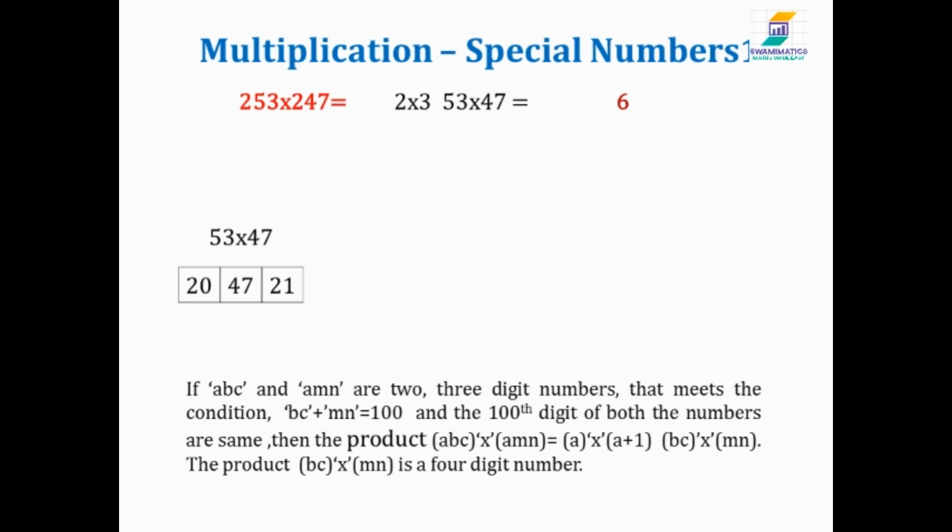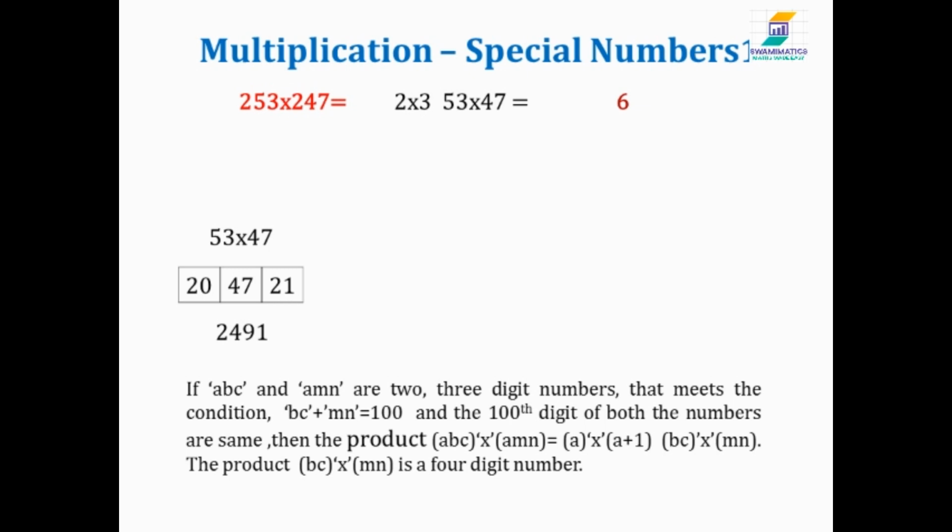In 53 into 47, how do you multiply? First is 5 into 4, which is 20. Then the cross multiplication of the other two numbers and their sum. That is 5 into 7 plus 3 into 4. That is 35 plus 12, which becomes 47. Then the product of the unit digit 3 into 7, 21. Right? Now you assemble the answer.